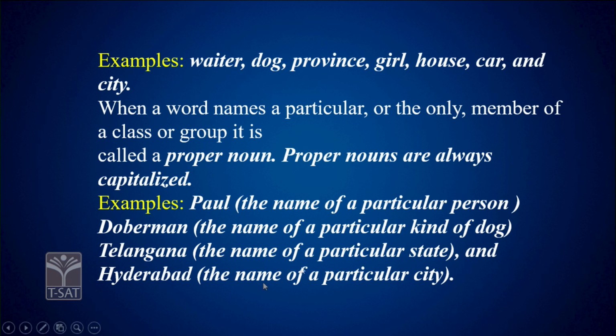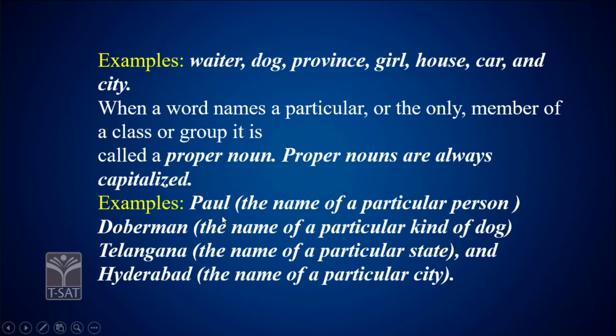When a word names a particular or the only member of a class or group, it is called a proper noun, right? And one more thing, proper nouns are always capitalized, right?